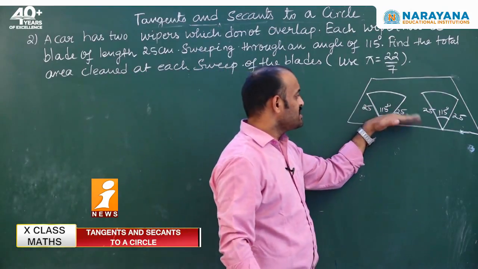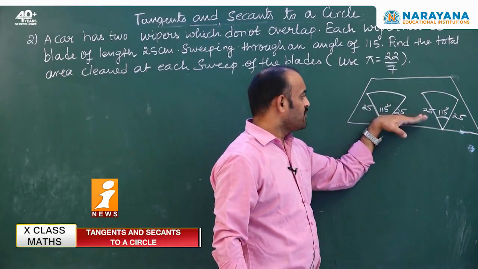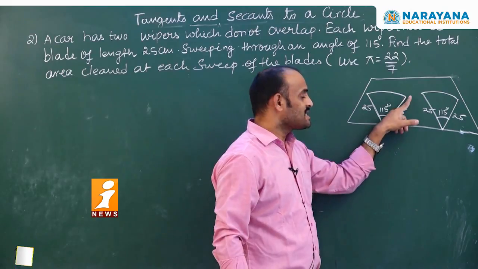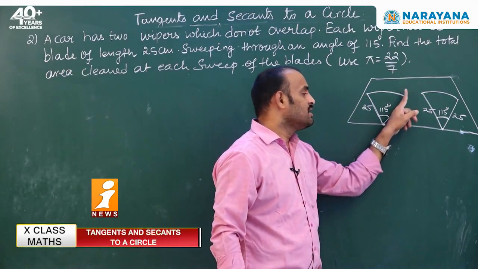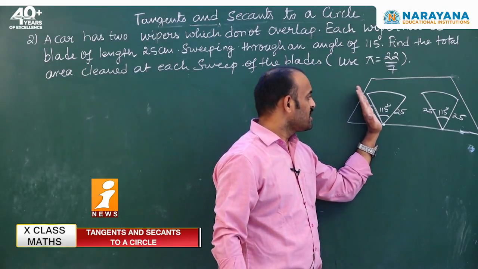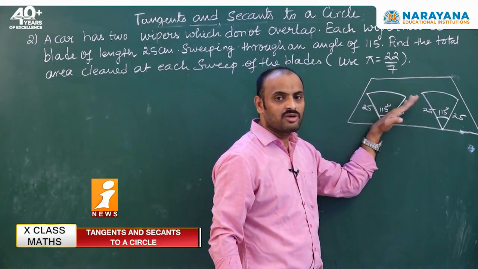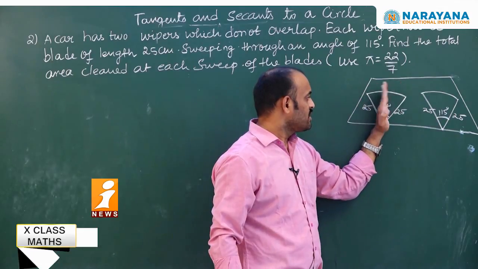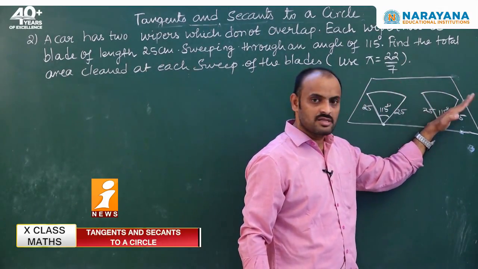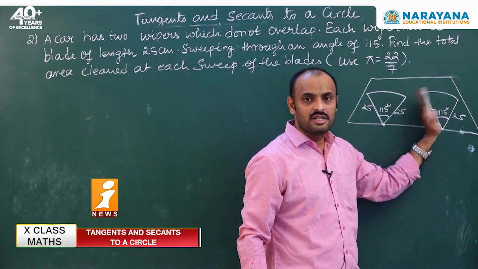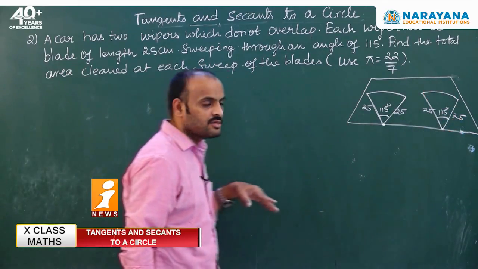See, as it is sweeping like this, it forms a sector, and the blade length will become a radius because it is the same all over, 25, 25, 25, 25. Here also the blade is moved like this, 25 centimeters.